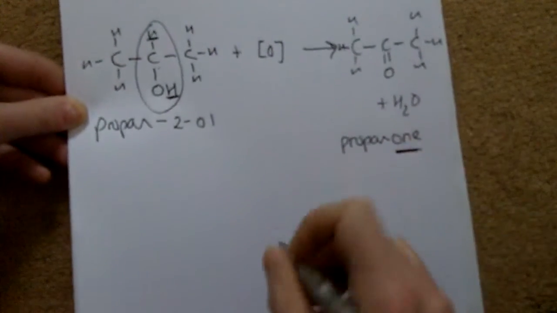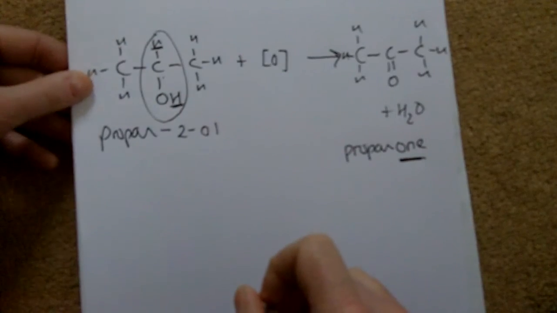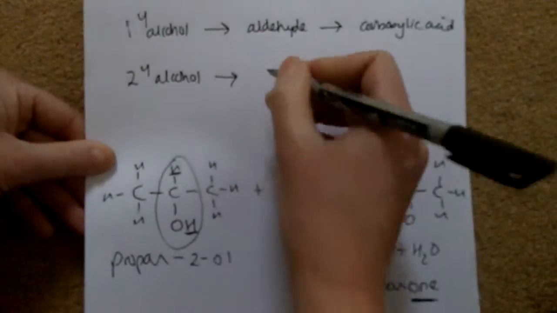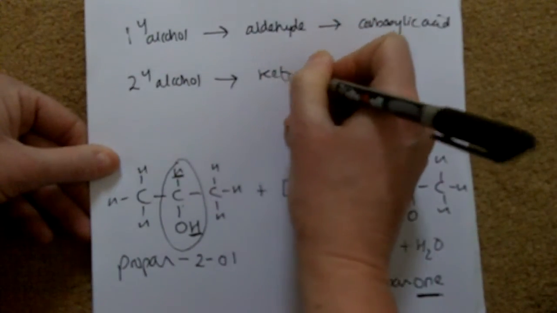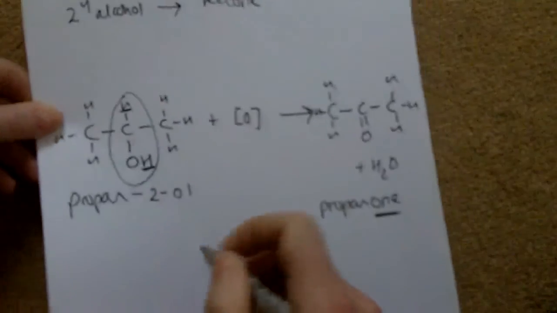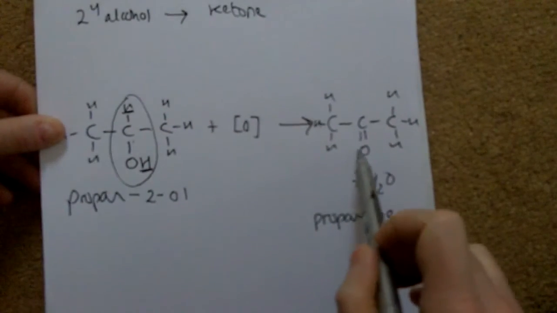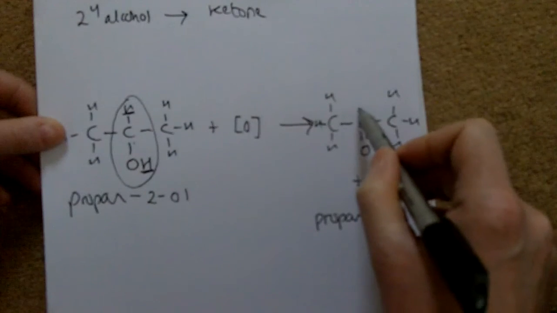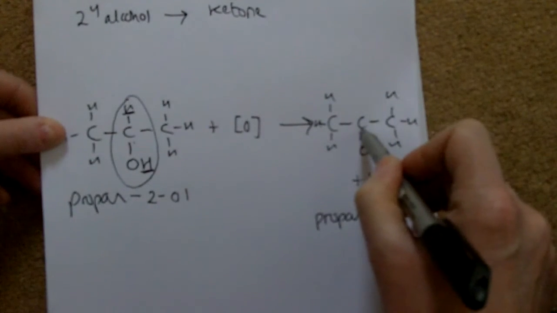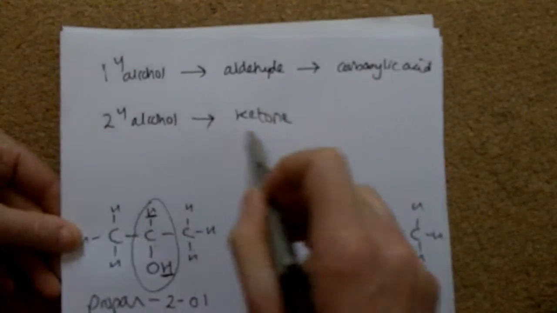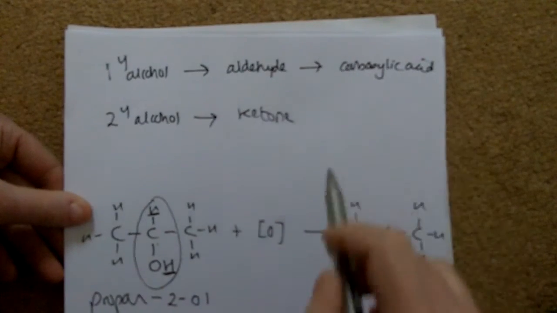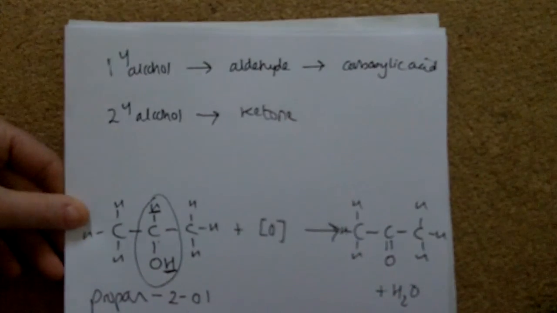So a secondary alcohol forms a ketone, and it cannot be oxidized any further because there's no hydrogens left on the carbon. So it stops at a ketone and cannot be oxidized further.